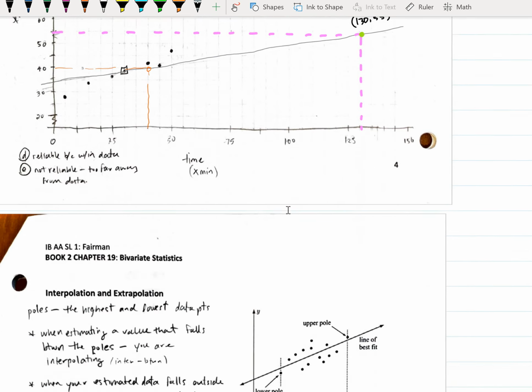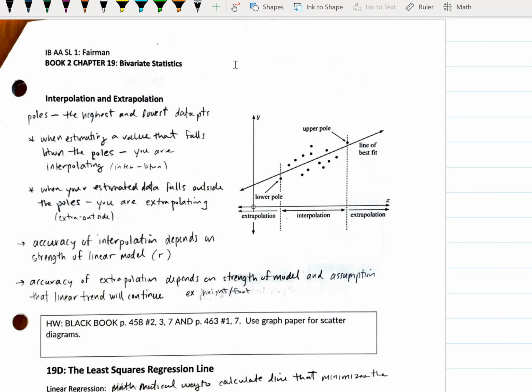All right, the reason why is interpolation and extrapolation. So in order to make that distinction, we identify the lowest data point, the smallest on the x-axis, and the highest data point, which would be the one that is furthest away. Those are considered our lower pole and our upper pole.